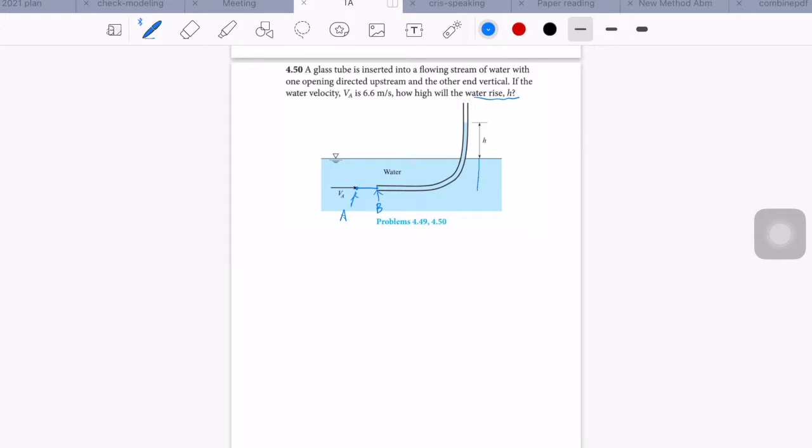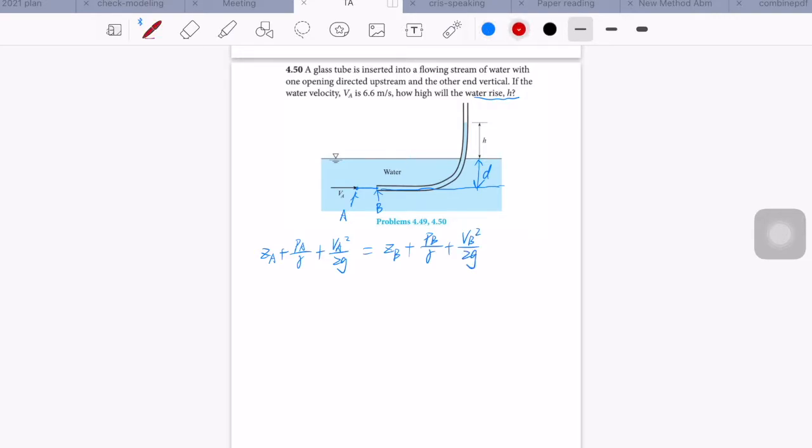Yes, this is D. And we apply the Bernoulli equation between A and B. We have ZA plus PA over gamma plus VA squared over 2g equals ZB plus PB over gamma plus VB squared over 2g.